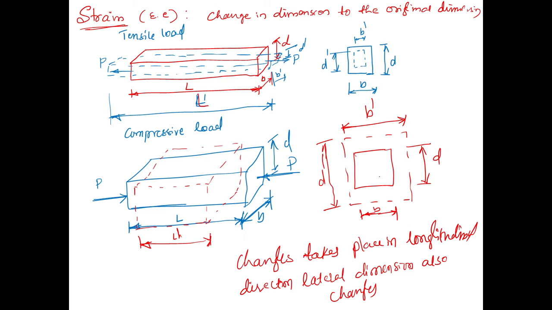Now, the nature of the change in lateral directions is exactly opposite to the changes in longitudinal direction. Suppose you just look here. Now, lateral dimensions, what happens here? Dimensions decrease.